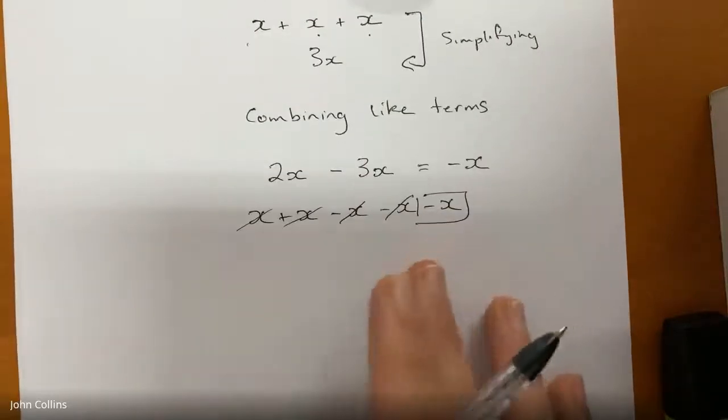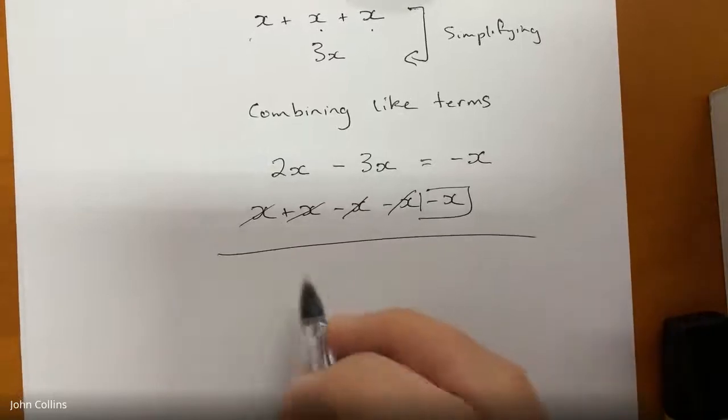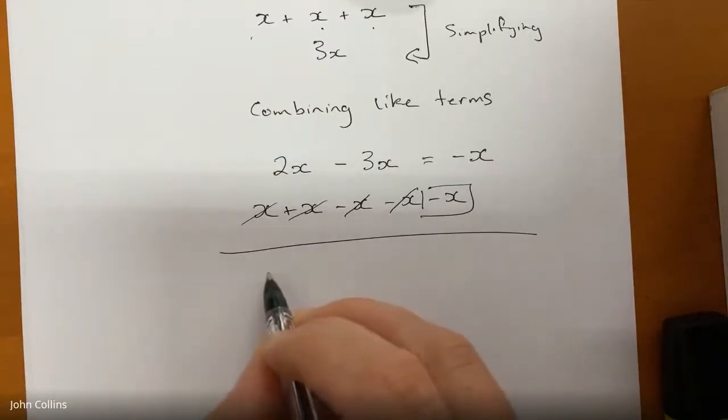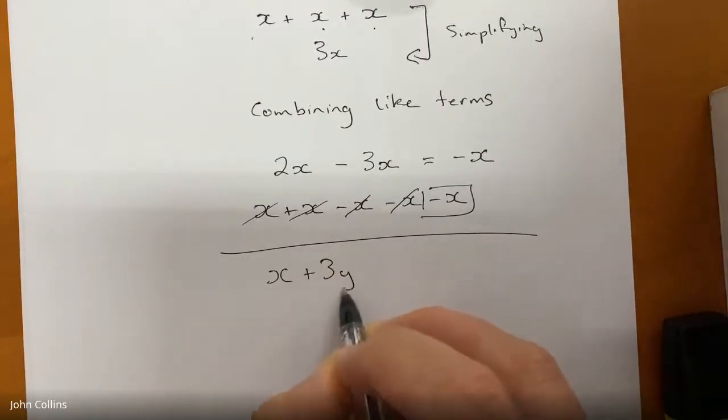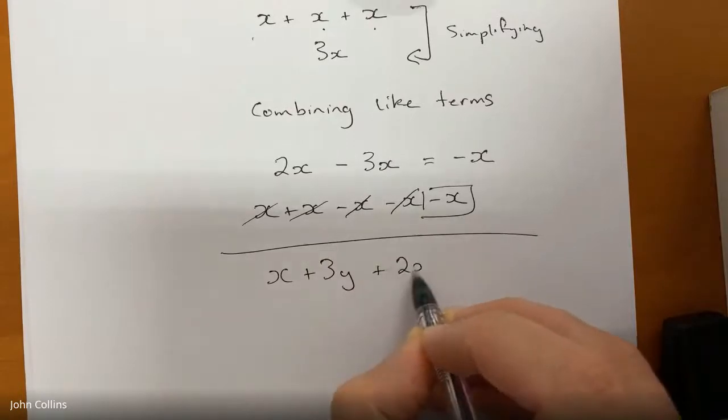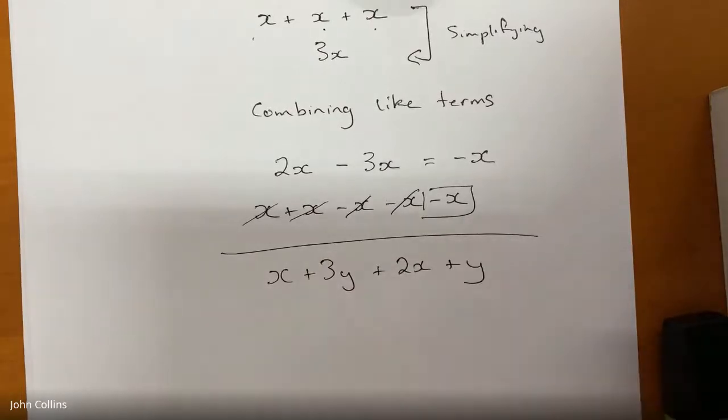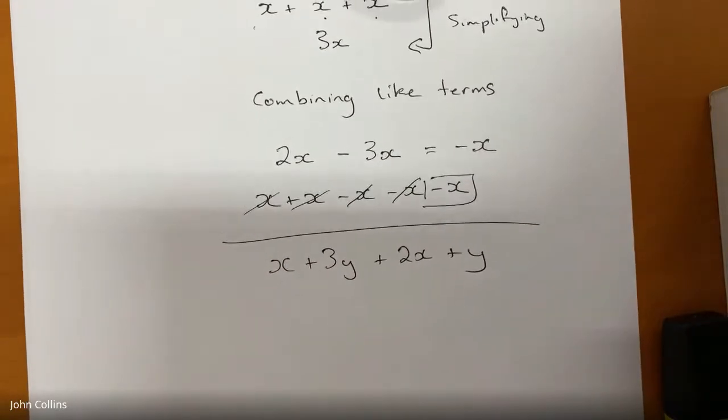What happens if the letters are different? So we get something like x plus 3y plus 2x plus y. Anyone type in the chat what that would be simplified to? Yeah, a few people got it.